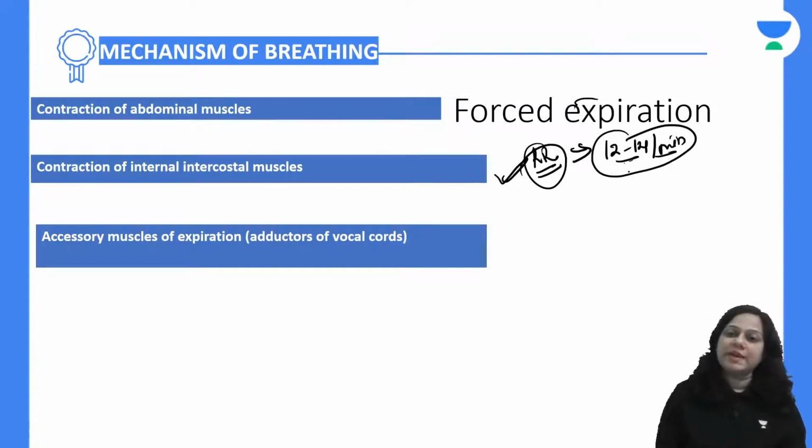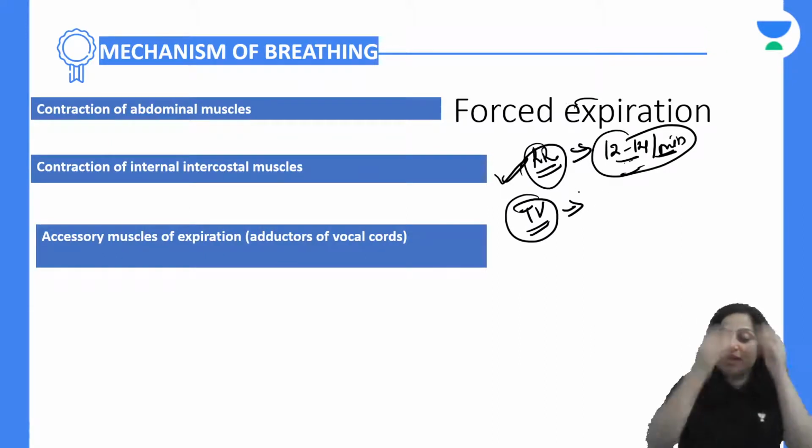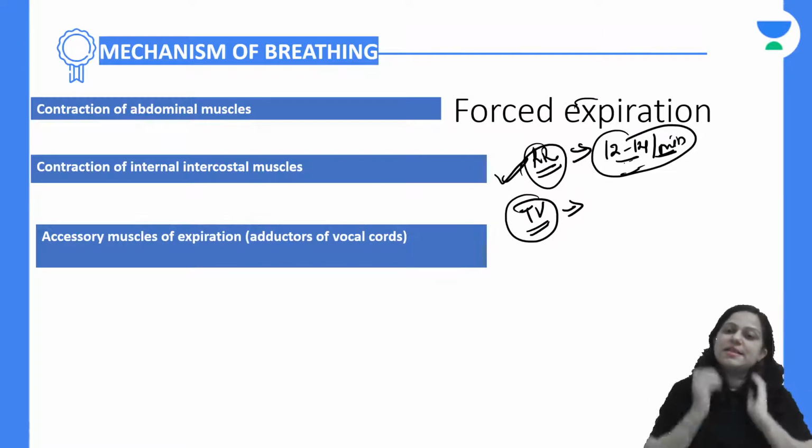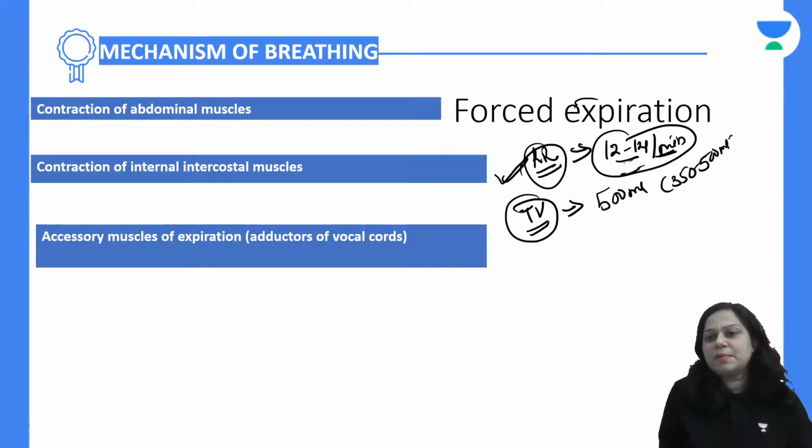It is normally 12 to 14 per minute. With each act of tidal respiration, tidal volume, the amount of atmospheric air entering the lungs, is approximately 500 ml. It ranges from 350 to 500 ml.